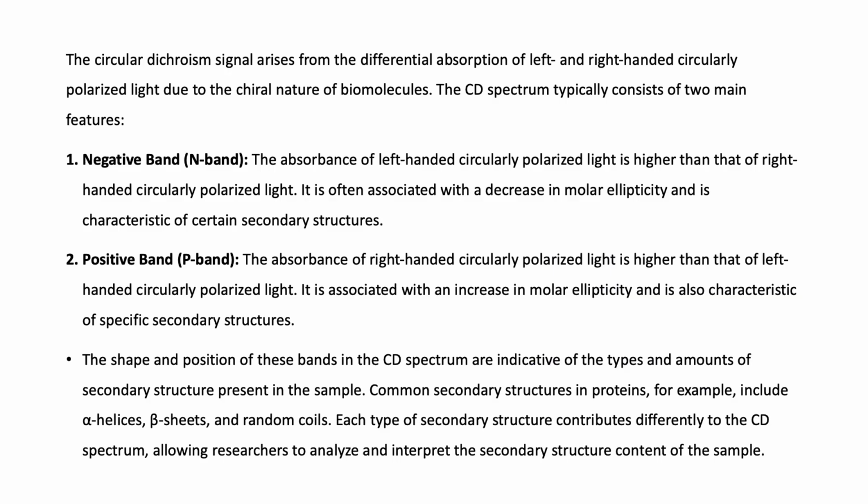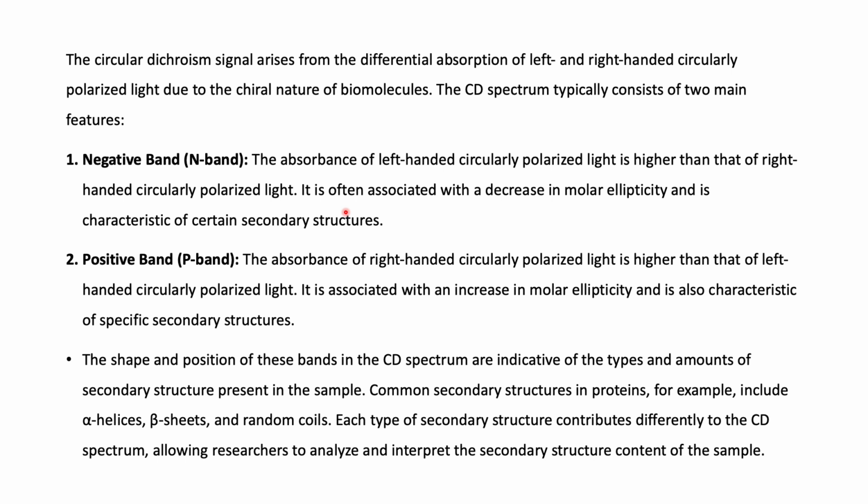So now what exactly do these values mean, and how do they tell anything about the structure of the molecule or the protein? The circular dichroism signal arises from differential absorption of RCP and LCP due to the chiral nature of the biomolecules. The CD spectrum typically consists of two main features: the negative band and the positive band. The negative band is where the absorbance of left-handed circularly polarized light is higher than the right-handed.